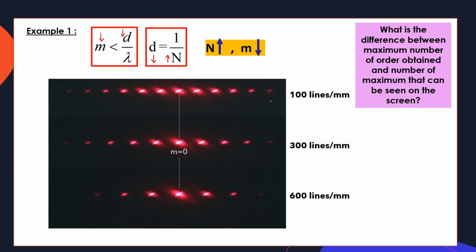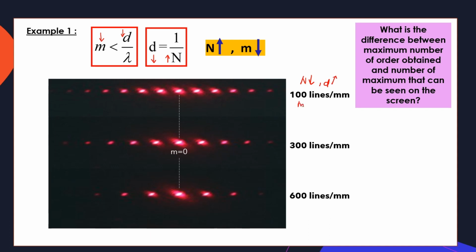Now let's compare. If we use the diffraction grating with 100 lines per millimeter, when N becomes smaller, the value of d, the grating spacing, will become bigger.